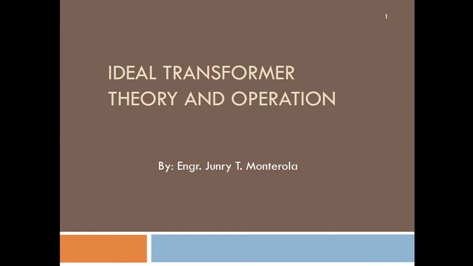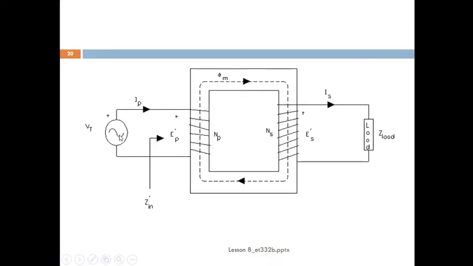Previously, in part 1, we discussed the schematic diagram representing the winding, current, and voltage in the primary and secondary parameters. In part 1, I challenged you to make your own variable representation.